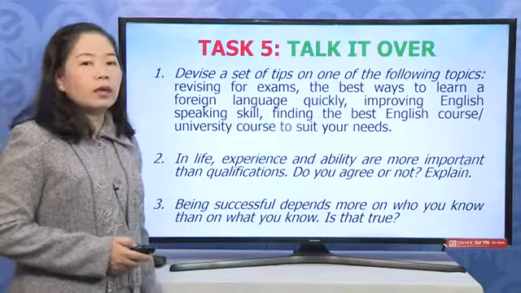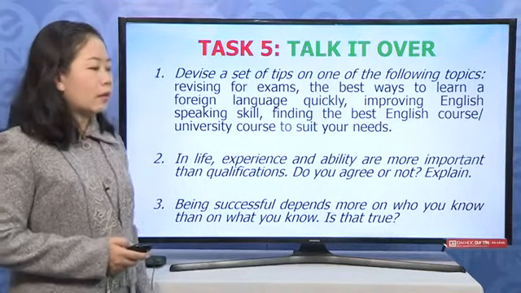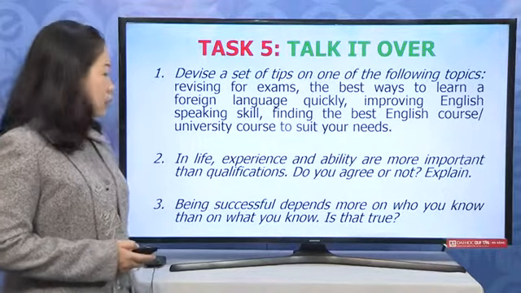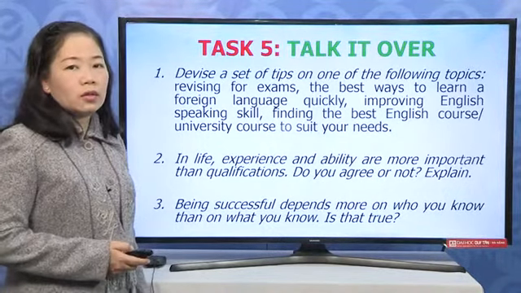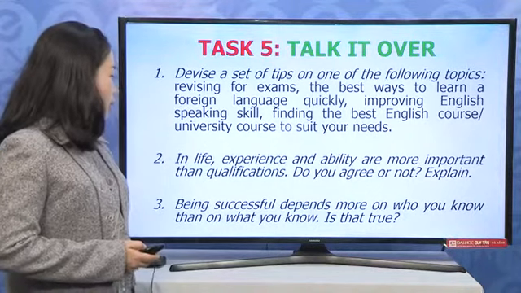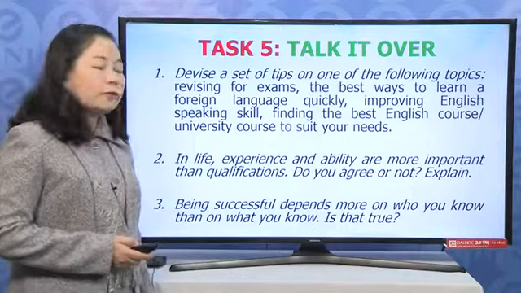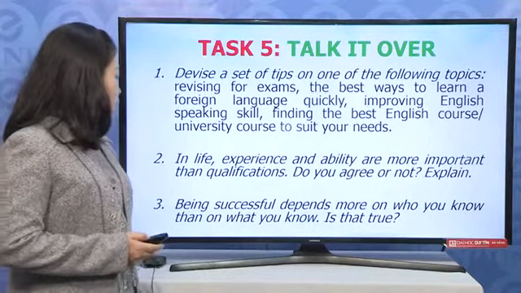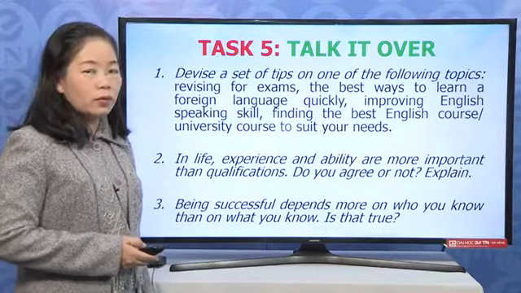Now, number 2, in life, experience and ability are more important than qualification. Do you agree or not? You have to explain. Number 3, being successful depends more on who you know than on what you know. Is that true?